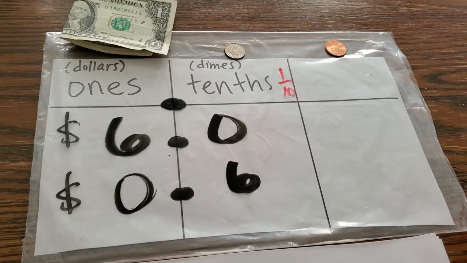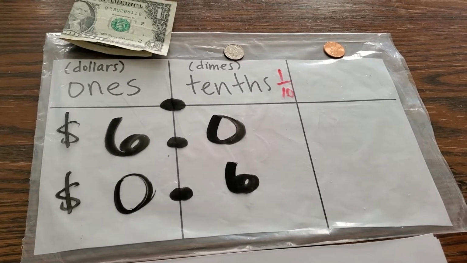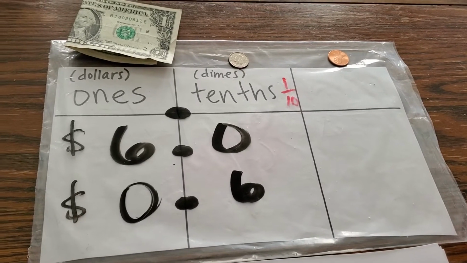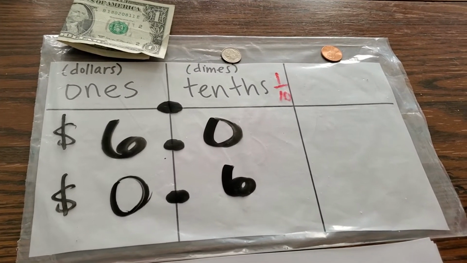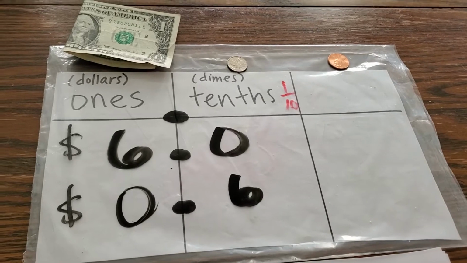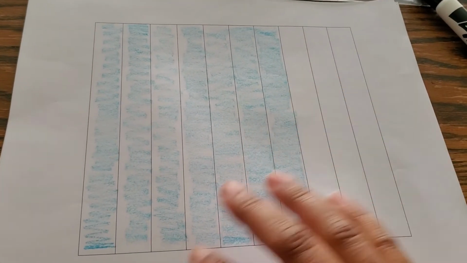Secondly, I have some images that may help you think about decimals in terms of fractions. So this whole box is one whole. If you can think of that as one whole, it is divided into 10 equal parts.